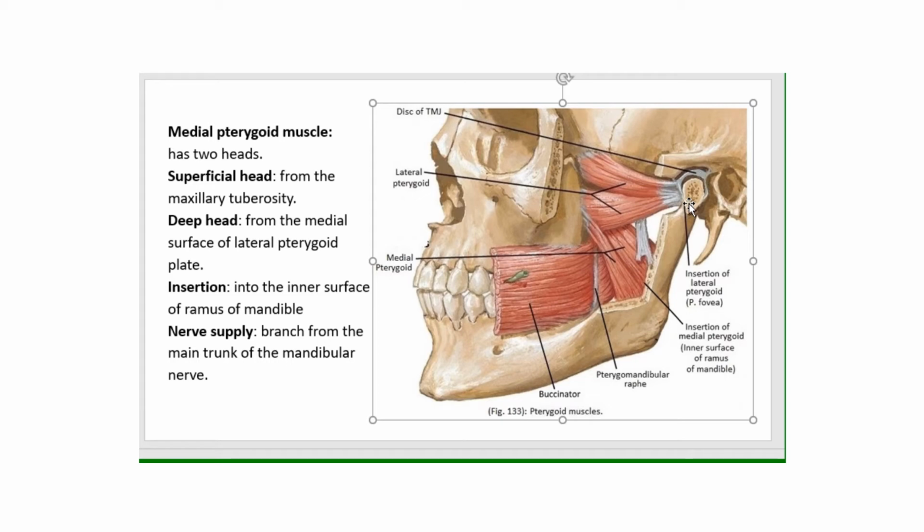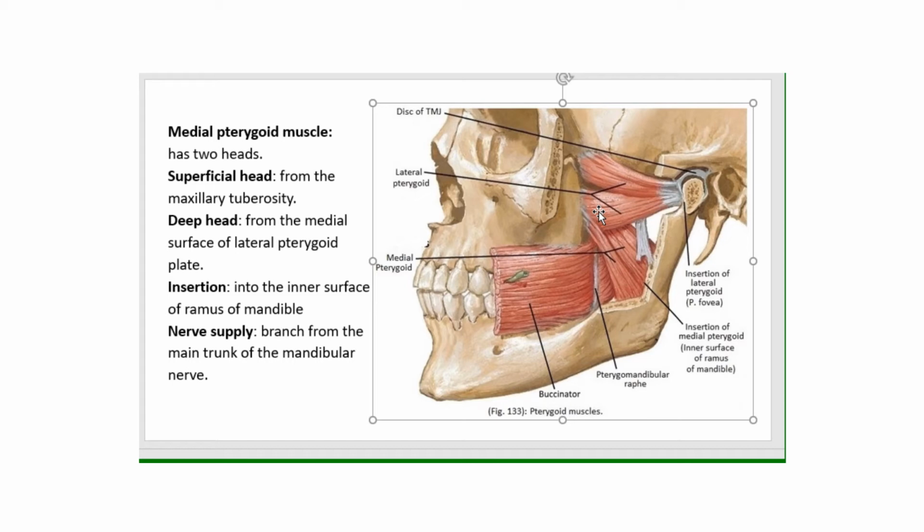Okay, this is the insertion. The origin of lateral pterygoid by upper head is from the infratemporal surface and the infratemporal crest of this bone, which is the greater wing of sphenoid. The lower head is from the lateral surface of lateral pterygoid blade.